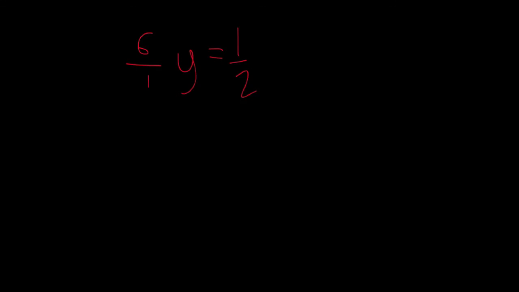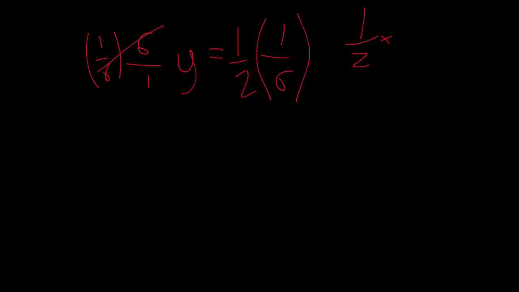Same with slide 26. The answer is a fraction. So you would just multiply the reciprocal. 6 cancels out. 1, 6. Now they're different, so you'd simply do this. 1 times 3 equals 3/6.